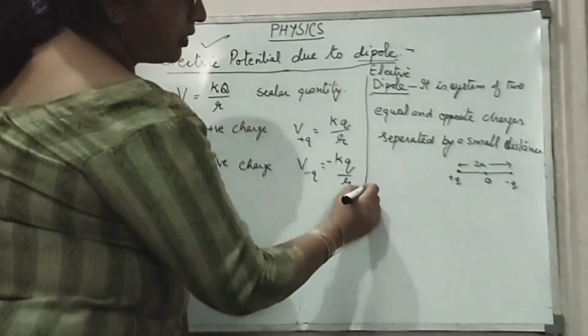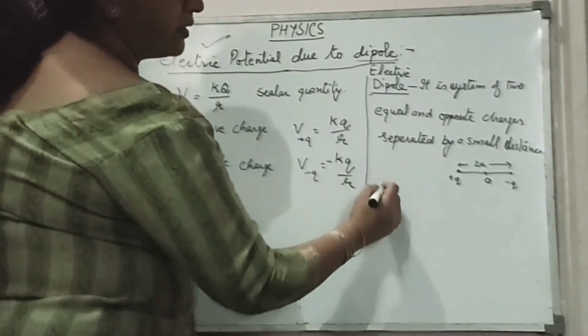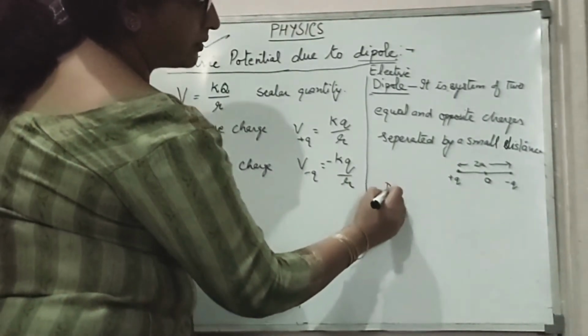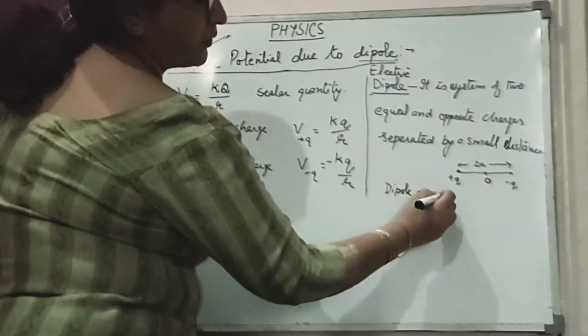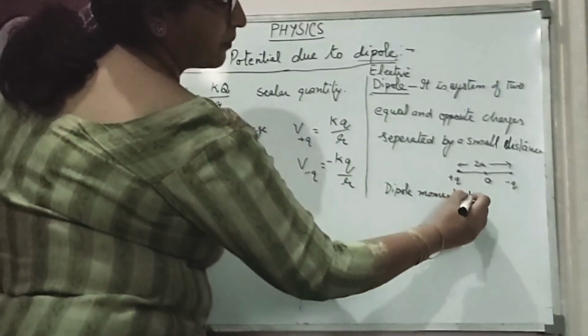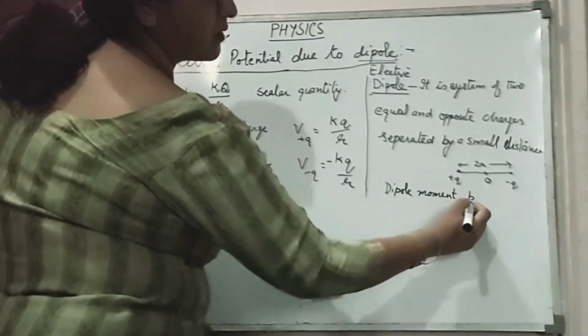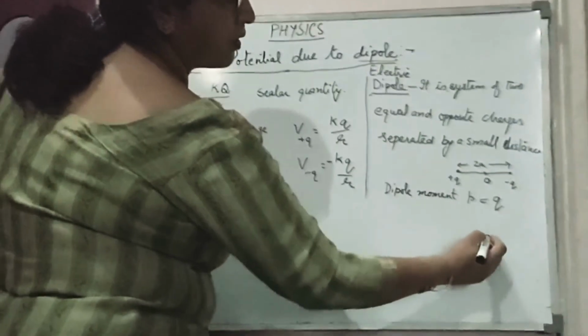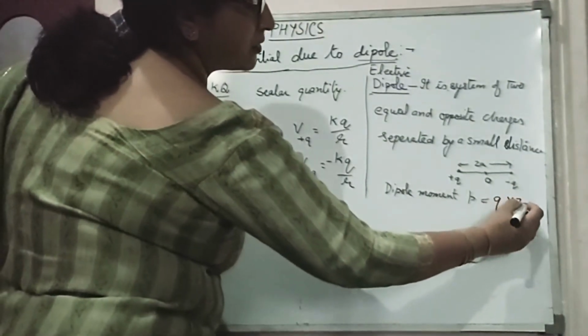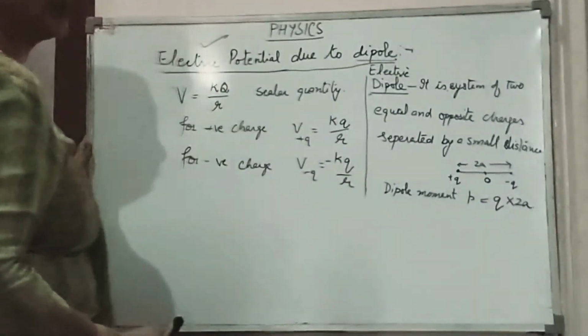Strength of the dipole is represented in terms of dipole moment, which is represented by P, and it is a vector quantity. The magnitude of P is the product of either charge and the distance between the two charges.